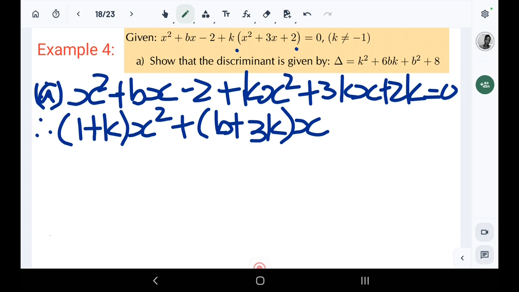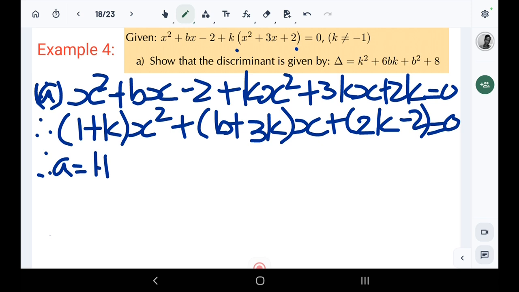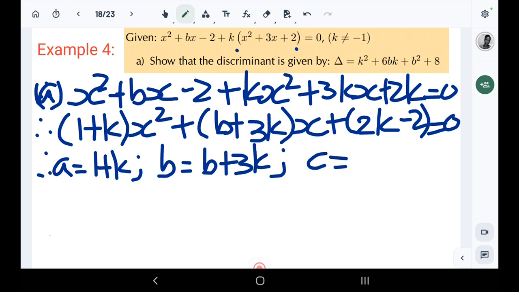And then the constant is 2k minus 2. Let's put it in brackets so you can see exactly what it is. Now, therefore, our A is equal to 1 plus k. Our B is equal to b plus 3k. And our C is equal to 2k minus 2.